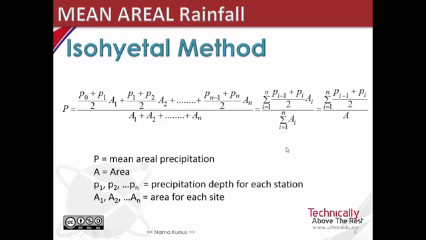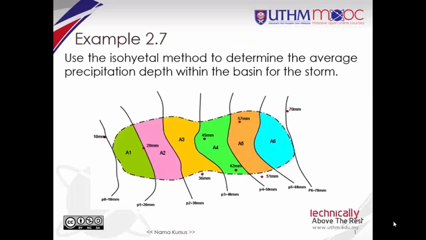This is the equation used to calculate the mean areal rainfall using the isohyetal method. P, which is mean areal precipitation, equals the average of precipitation depth for each station, multiplied by the area and divided by the summation of the area.